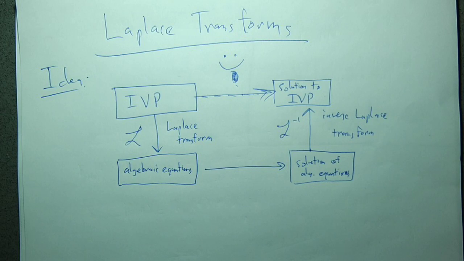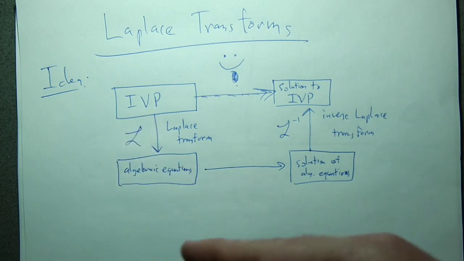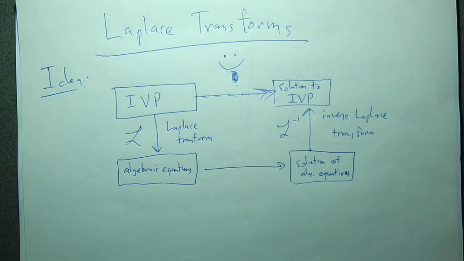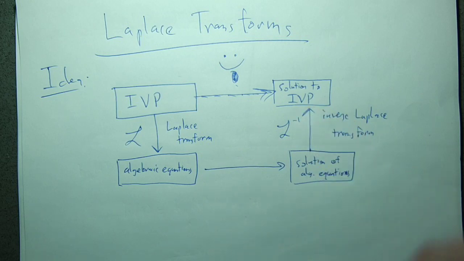The stuff that you did for key identities or undetermined coefficients, you don't have to do any of that for Laplace transforms. You follow this process and it spits out the answer. And what's nice is that typically with IVPs, when you find the general solution, you still have to impose the initial conditions and solve for the constants. With Laplace transforms, you don't even have to do any of that. You will get the unique solution spat out immediately.